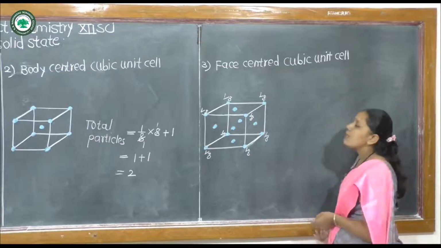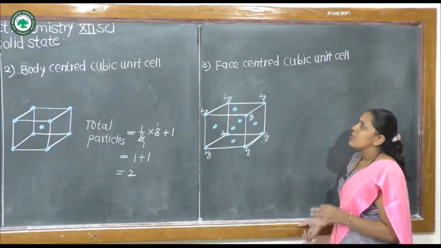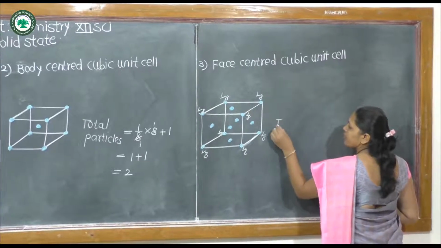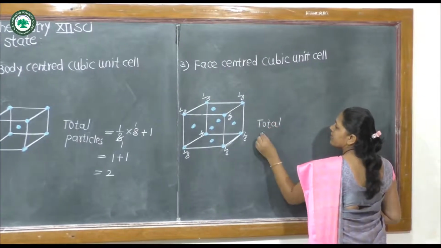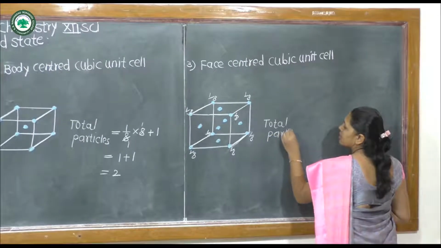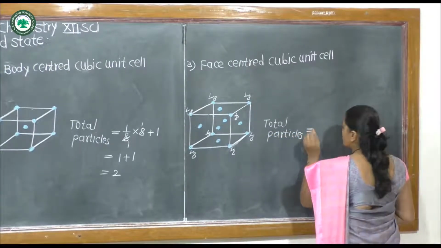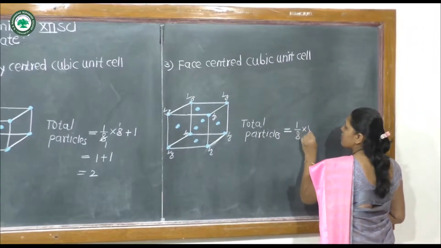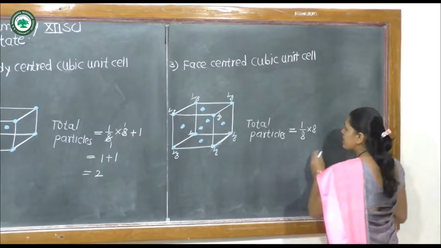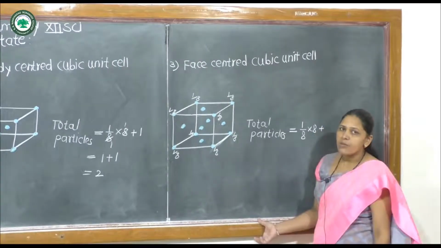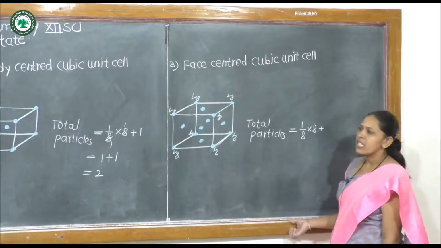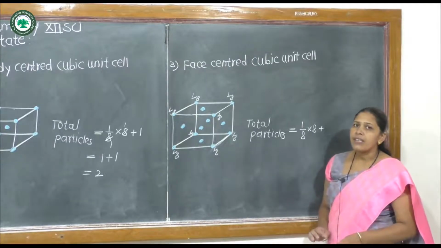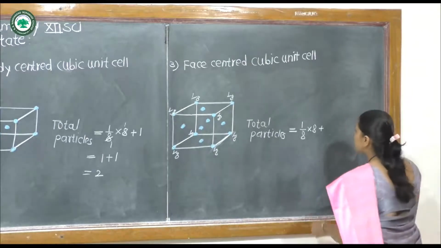Therefore, the total number of particles in the face centered cubic unit cell is equal to: there are 8 corners, at the 8 corners 1/8 particle is present, plus there are 6 faces, but at the 6 faces only half a particle is present, because the other half is shared with the neighboring unit cell.